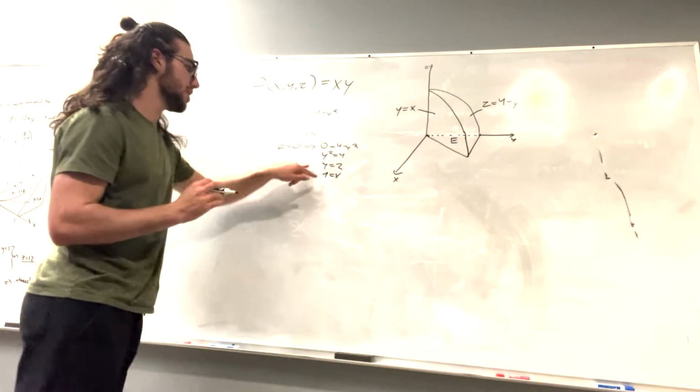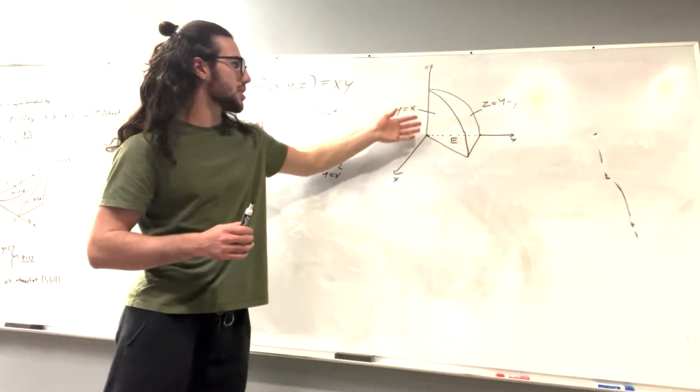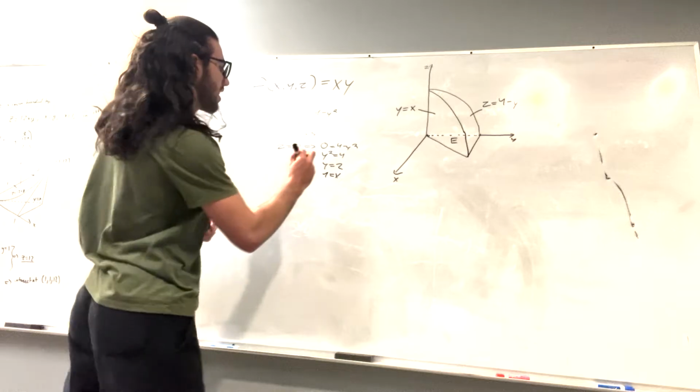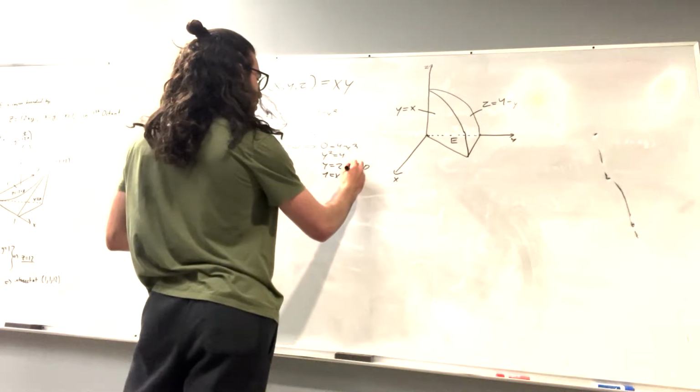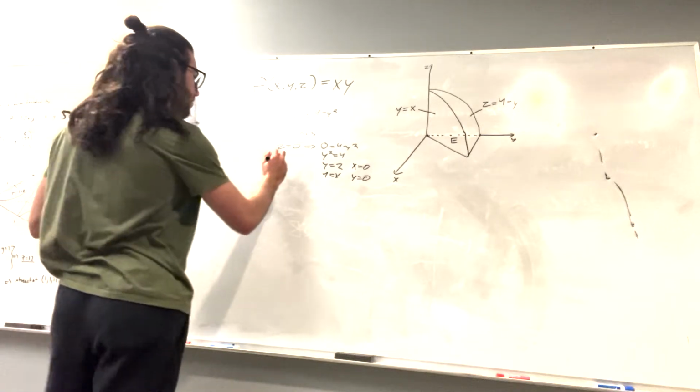All right, so we're going to graph these two things. We also know that x is equal to 0 and y is equal to 0 are also bounds because it's only in the front octant here. So we can also write down x is equal to 0, y is equal to 0. And if we graph all these things, we'll get a region that we also know how to solve.